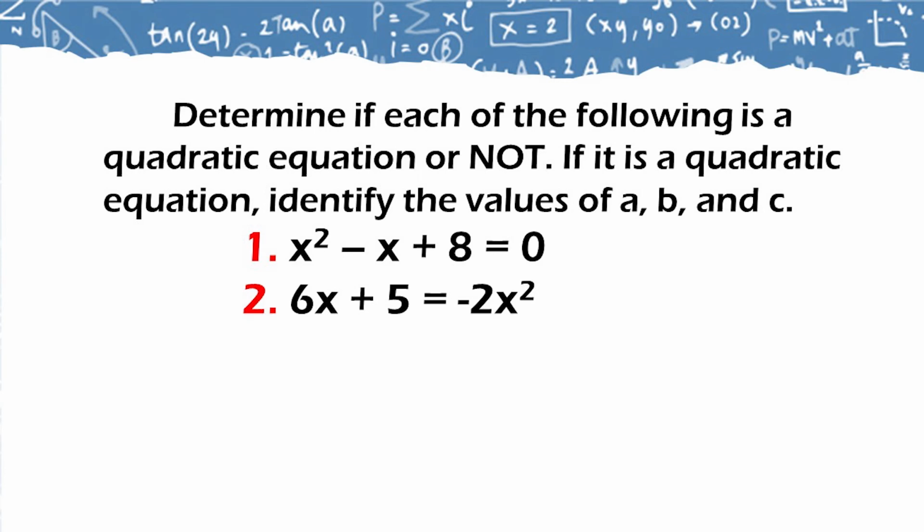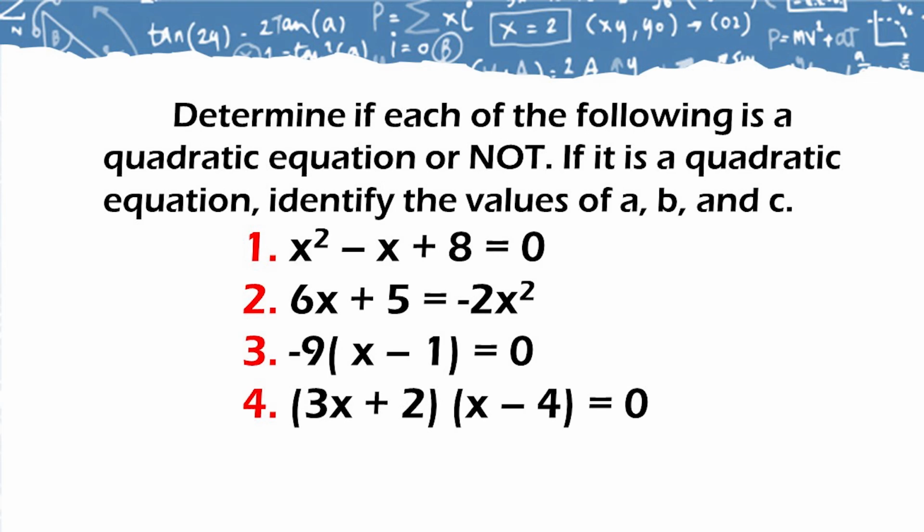Number 2, 6x plus 5 equals negative 2x squared. Number 3, negative 9 multiplied by the quantity x minus 1 equals 0. Number 4, we have the quantity 3x plus 2 multiplied by the quantity x minus 4 equals 0. And number 5, 2x cubed minus x squared equals 10.